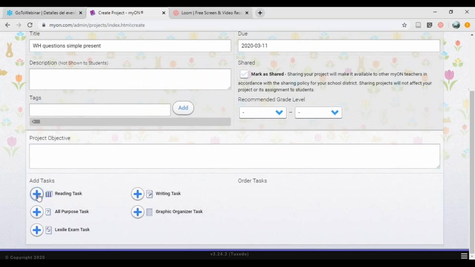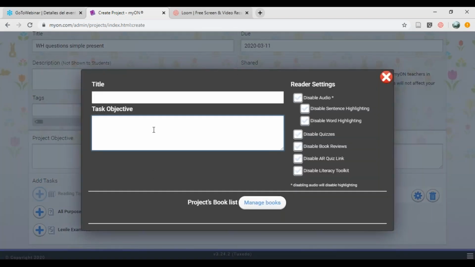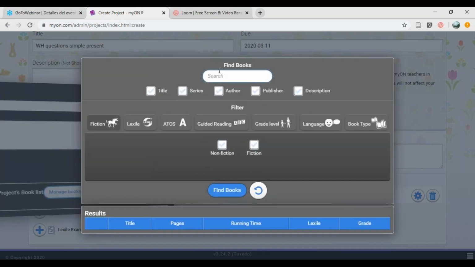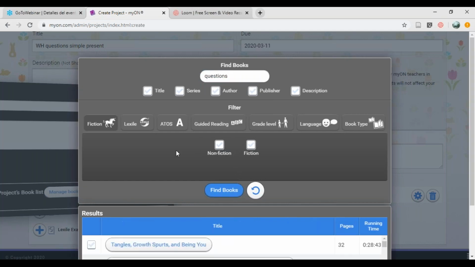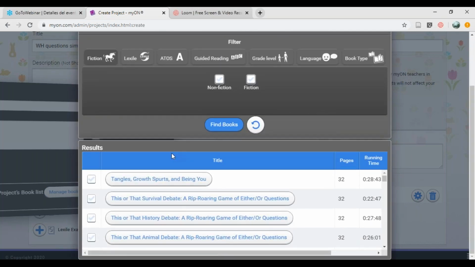Now, for my reading task, I said that I want this about asking questions. So the title would be reading 1 or book 1. You can decide. And I can find my books directly here.